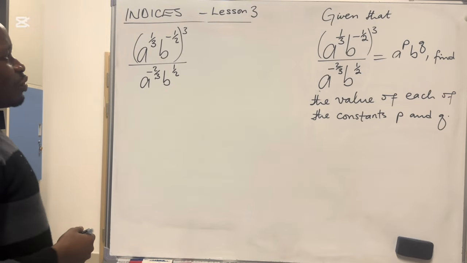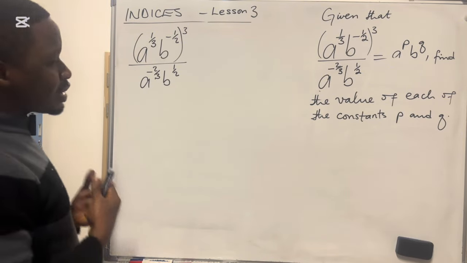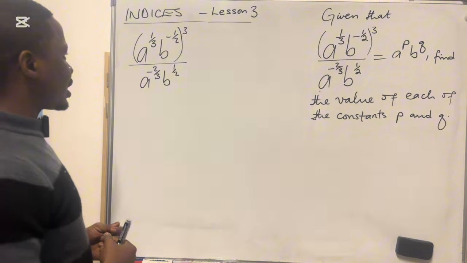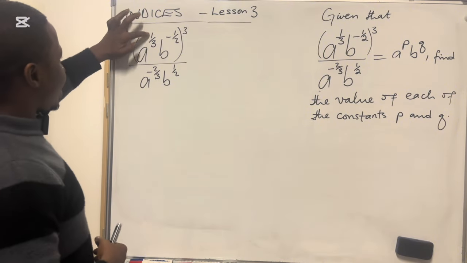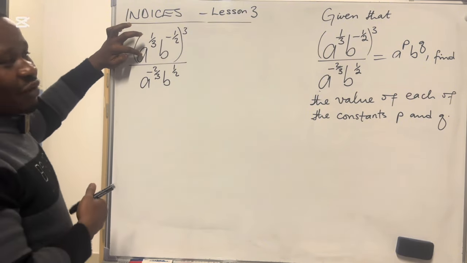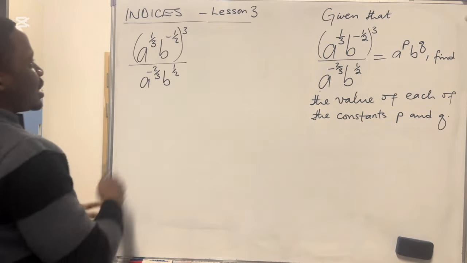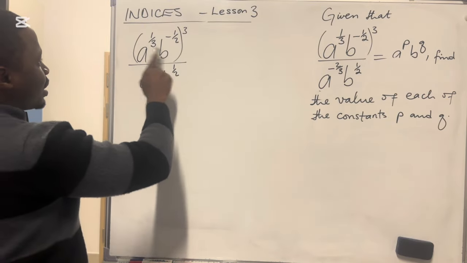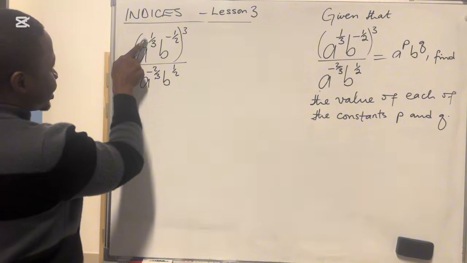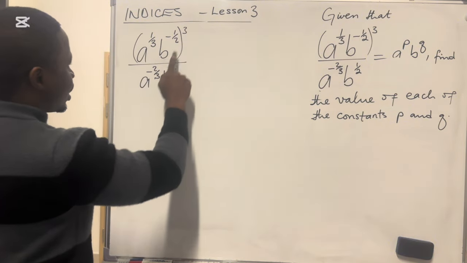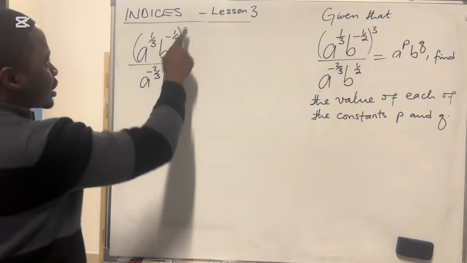All right, so what do we do? Let's go to the individual letters. This a has 1/3 that is affecting it, and it also has another power outside. In fact, this power outside is for both a and b. A has this power, it also has this one. B has this power, it also has this one.